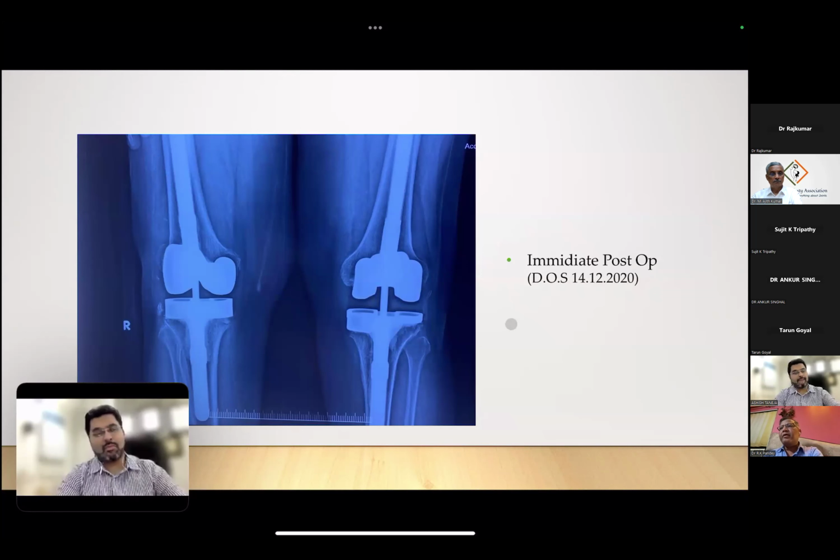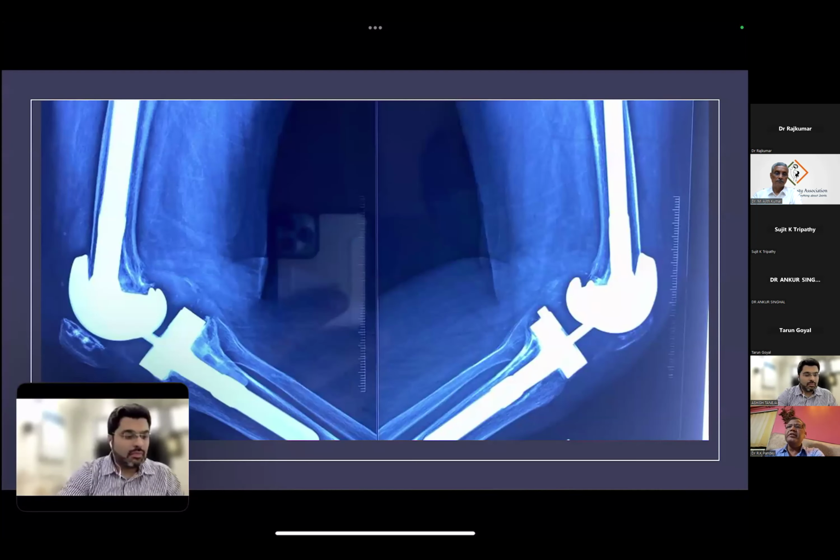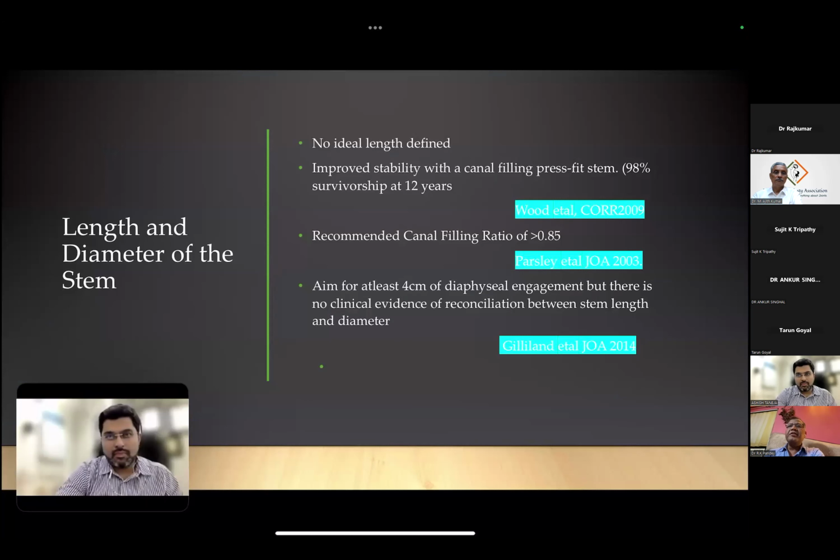Although I would have loved to use the sleeve, because of the cost constraint I have used these wedges and a metaphyseal intermediary extension rod. This is the lateral X-ray, and this is the length and diameter of the stem. Although I put the question, there is no ideal length defined. Improved stability with a canal-filling press-fit stem, 98% survival at 12 years, this is Wood et al.